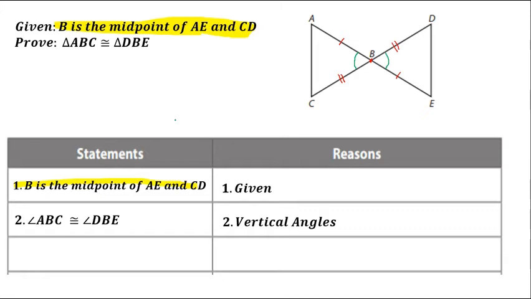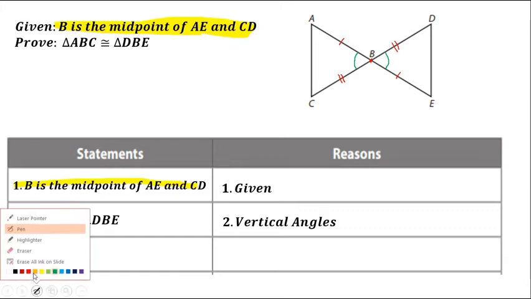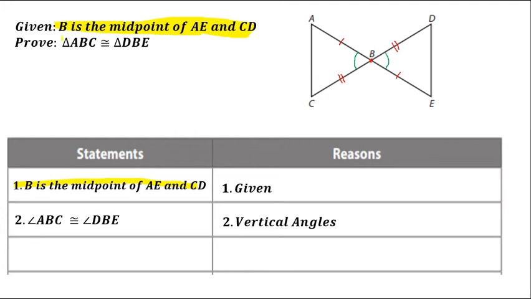Okay, and now looking at your triangle, now we have enough information to prove our statement. So we look at our proof statement up here, which is triangle ABC and DBE are congruent to each other. So I write that down in step 3. The two triangles are congruent. And then the reason here, let's see what they give us.